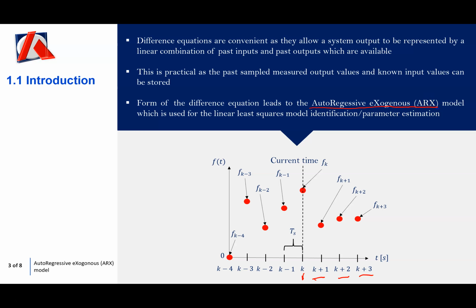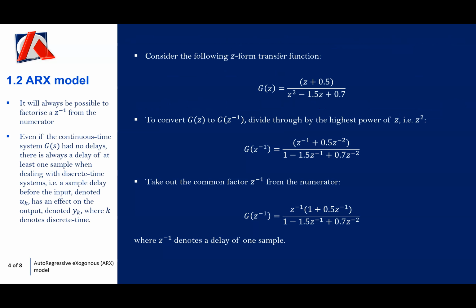We use this for linear least squares, based on known input data and measured output data. Putting it into this form, we can apply least squares and identify the parameters of the system based on known and measured input and output data. Watch the next lecture video and you'll see least squares.